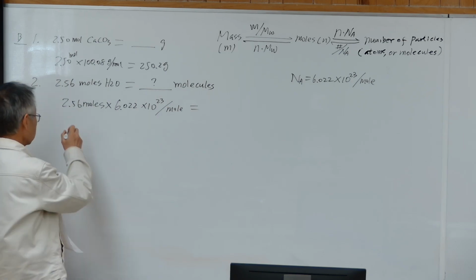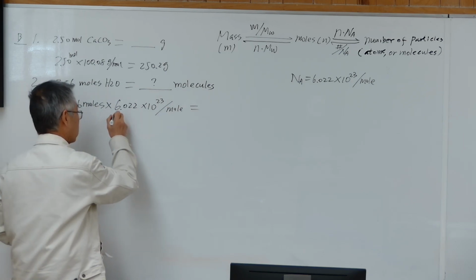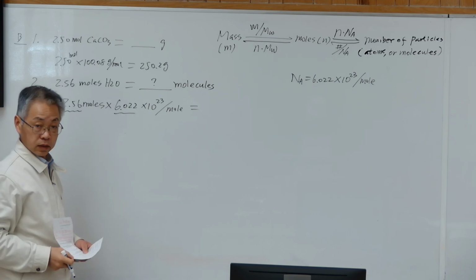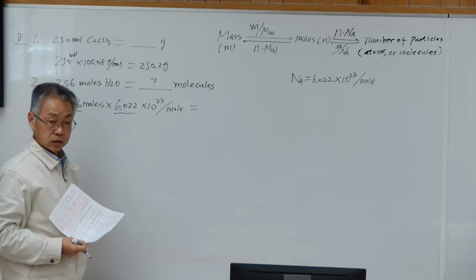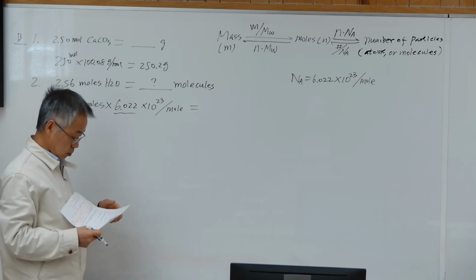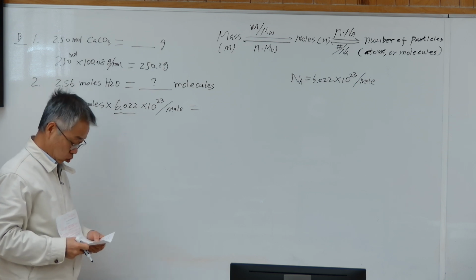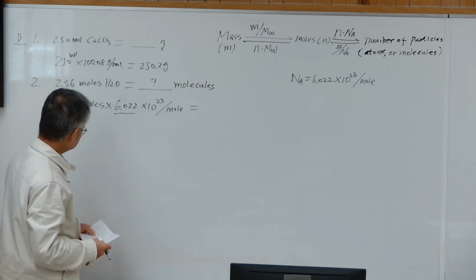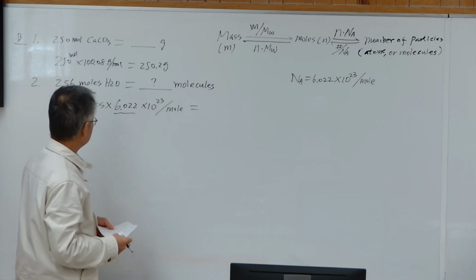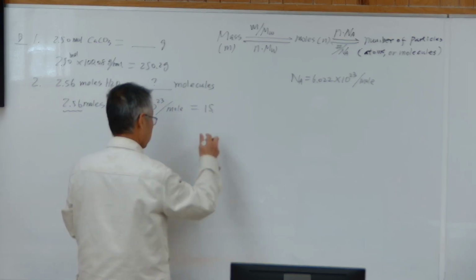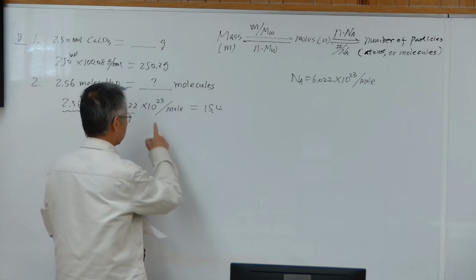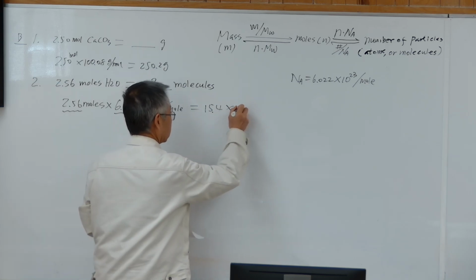Use your calculator, and only put the regular number in your calculator. Don't put the exponent there. Sometimes if you put the exponent in your calculator, it may give you trouble. If you put the 2.56 times 6.022 in the calculator, it will give you 15.4. Then the exponent is still there.